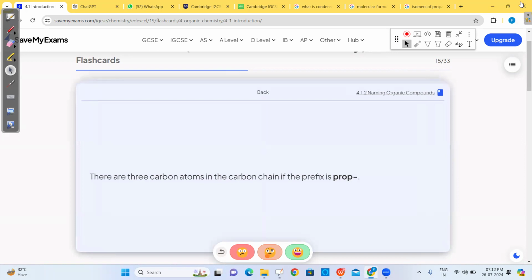It is 3 carbon atoms. The suffix, what does it tell you? It tells you the functional group, whether it is an alcohol, OH, or carboxylic acid, COOH. Okay, it gives you the functional group.